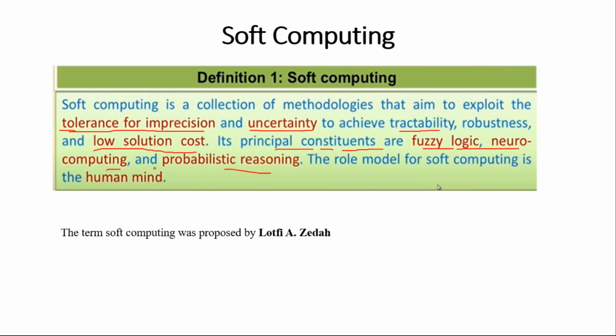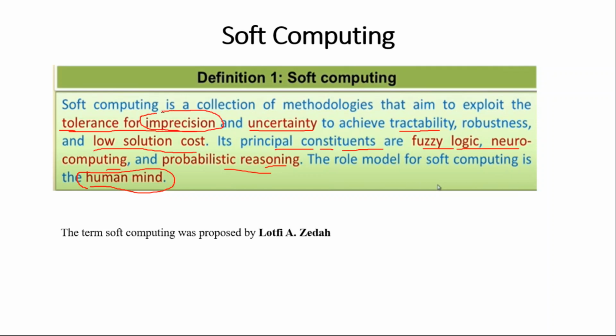Soft computing is achieved using these techniques: fuzzy logic, neurocomputing, and probabilistic reasoning. The role model for soft computing is the human mind, because this is how the human brain works. The human brain does not always work based on hard computing. We don't want an accurate result. We want a result which is highly likely to be correct.